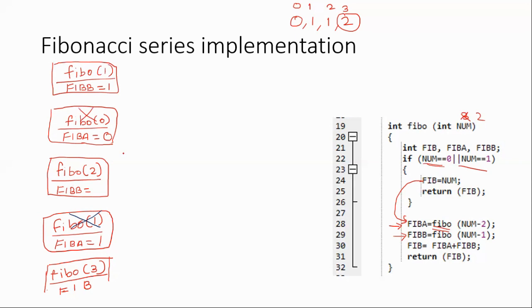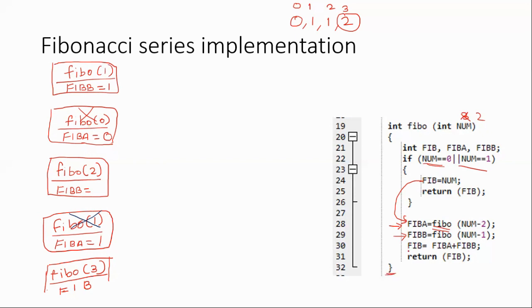Okay. So now after execution, we have returned it here and here. Next, what we have to do? Next, we have to return a value. After that it's going to come and execute this part.